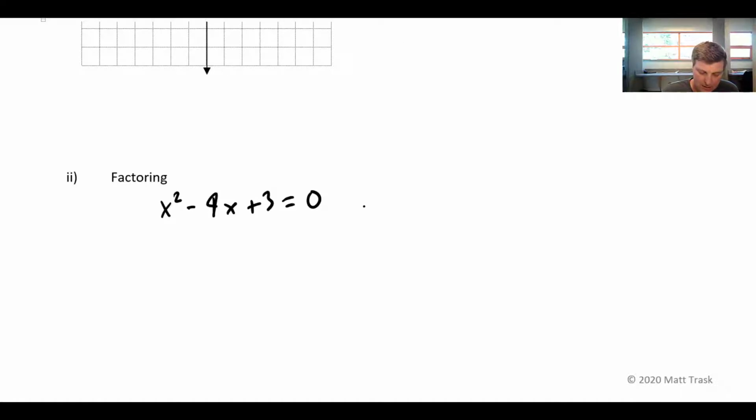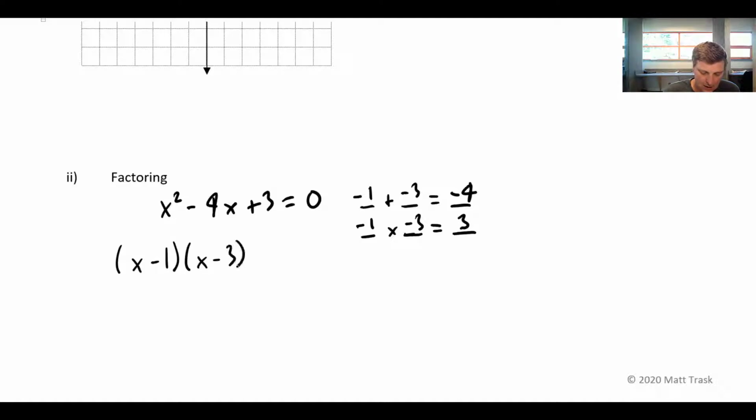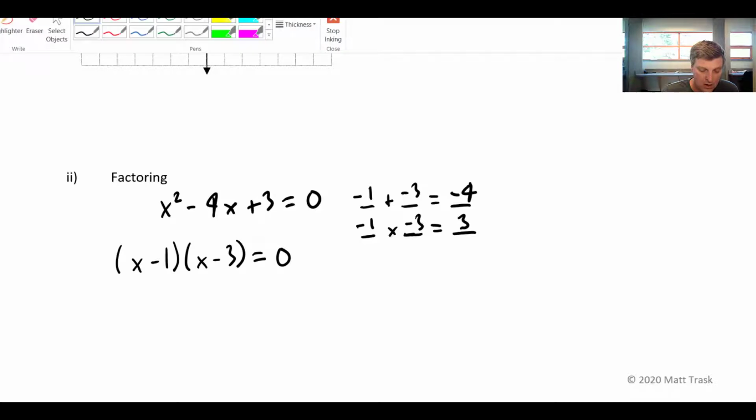Remember, the two numbers are going to multiply to make 3, and they're going to add to make -4. So the two numbers in that case are -1 and -3. And so this will factor out into x minus 1 times x minus 3 equals 0.